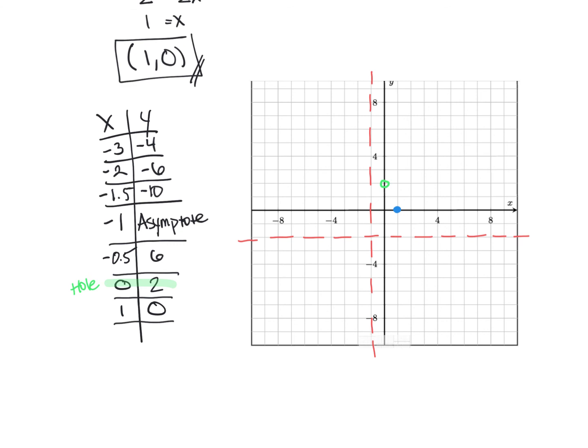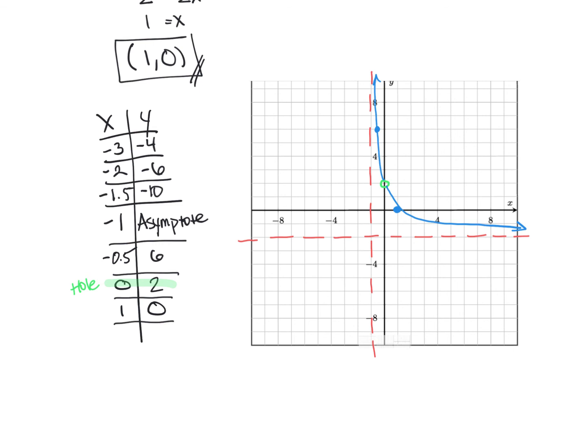Since those are in the same quadrant, I might just move backwards up my table and use this last point of -0.5, 6 to mark in my right side. And that'll be right here. Just a reminder, when you're graphing it, you don't want to graph through the hole. So we're going to go from the hole up this way and from the hole down this way. And we can have our proper graph.